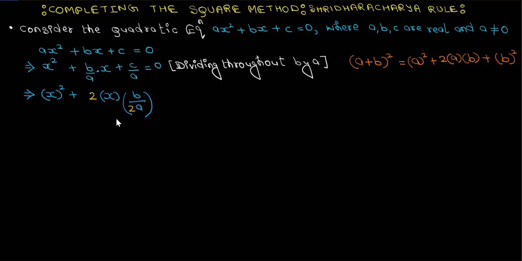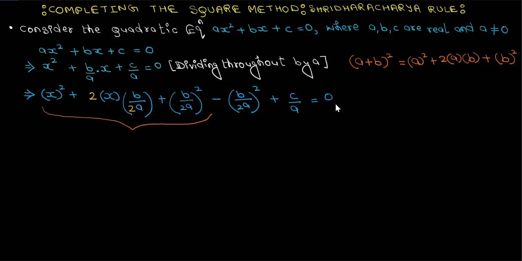So I will multiply the expression by 2 and divide the expression by 2. So I will have 2ab, this 2 x b by 2a plus b by 2a whole square, minus, and I will subtract b by 2a whole square in order to make the balance, plus c by a equal to 0.